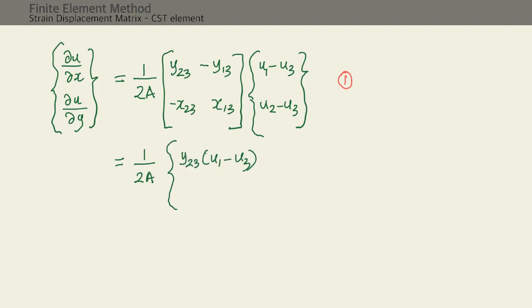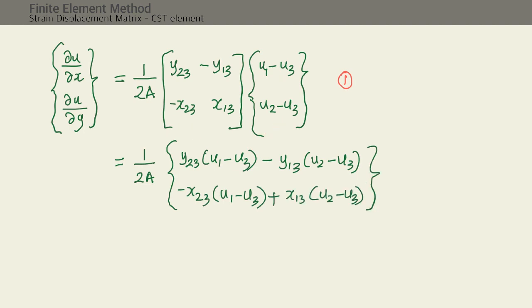The first element would be y23 into (u1 minus u3) plus minus y13 into (u2 minus u3). The second element would be minus x23 into (u1 minus u3) plus x13 into (u2 minus u3).